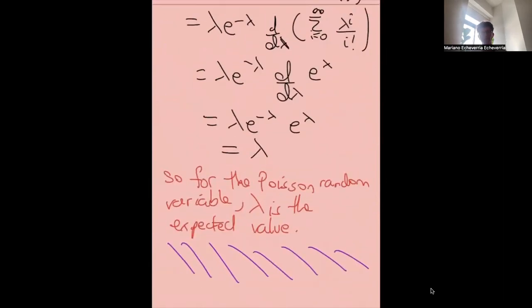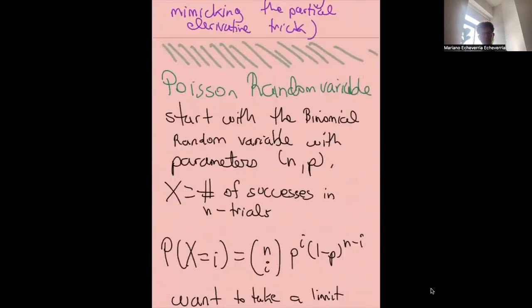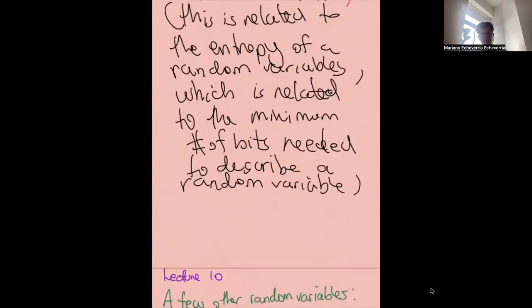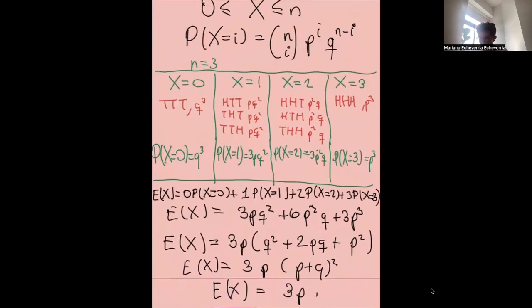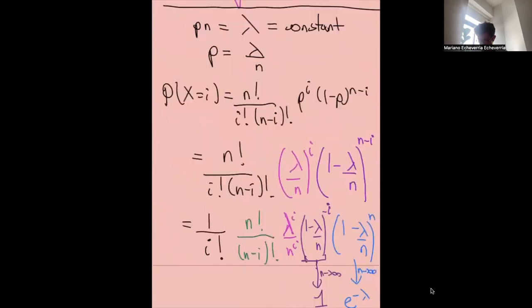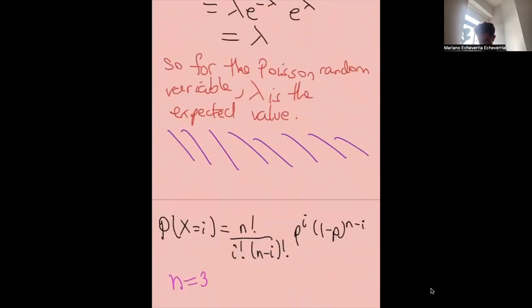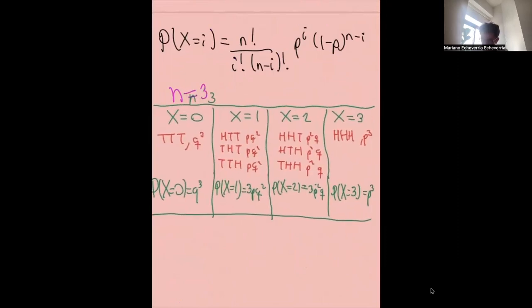If you remember, with n equals 3 we had all these probabilities. This is the advantage of copy pasting on the iPad. When n equals 3 for the binomial, these are the numbers that we had obtained.